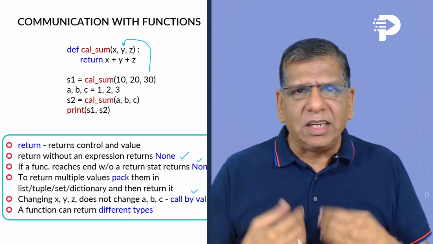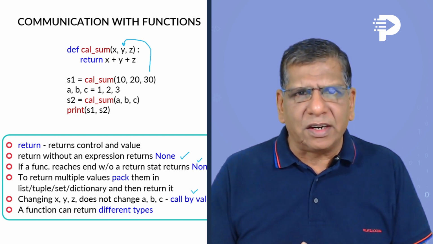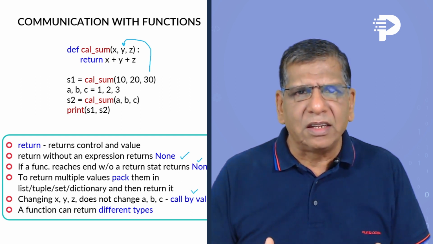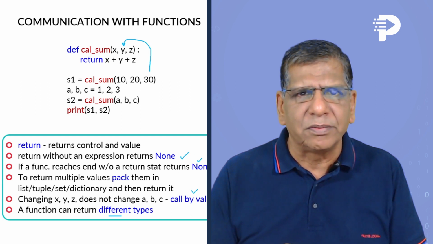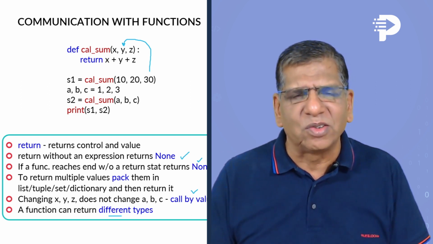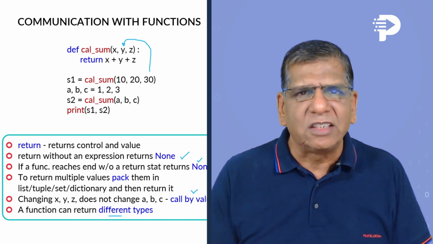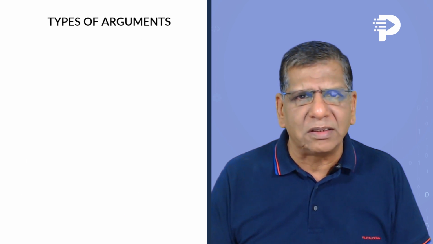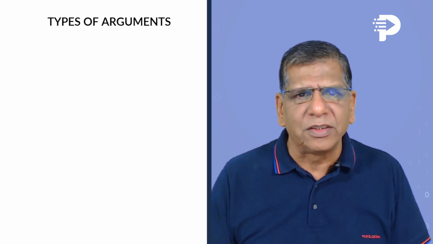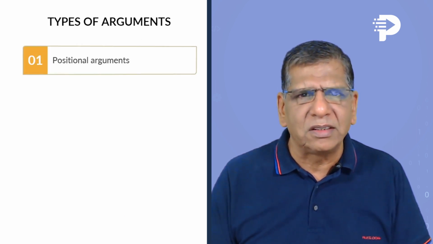Now we passed ABC, we collected them in XYZ, and we said that ABC are actual arguments and XYZ are formal arguments. Well, there is a lot of details that is to be understood regarding arguments. Let's begin that by first identifying the types of arguments. Well, first are known as positional arguments.